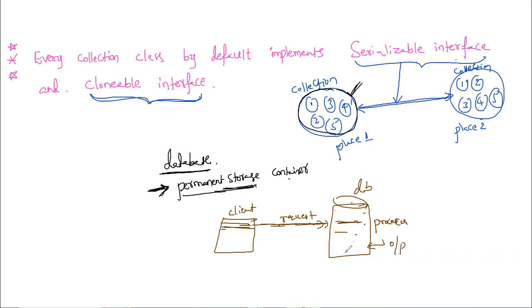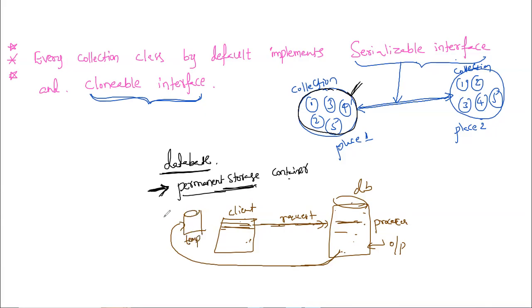Then this result comes to your client system in the form of a response, but we don't get it directly. We don't get this data directly at the client, but a copy of whatever the result is comes and is stored in a temporary container.